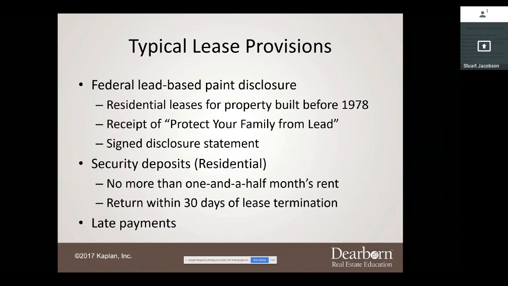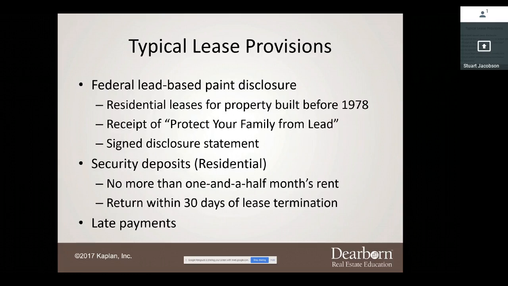Now, another thing we're going to talk about is security deposits for residential properties. Landlords love to put a pet security deposit. So what they'll do is take a month and a half rent, and then take a pet security deposit if you want to have a pet, maybe $300 to $400, to potentially clean or repair the unit if need be, right? So that is a pet deposit.